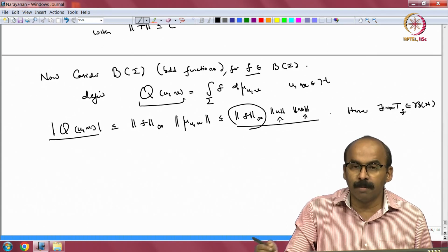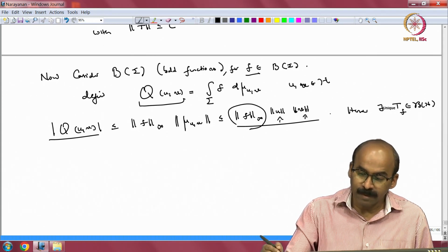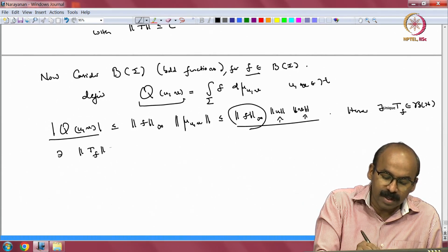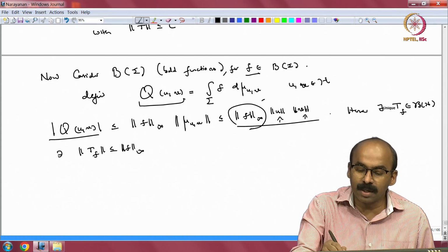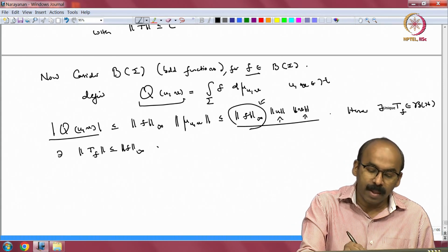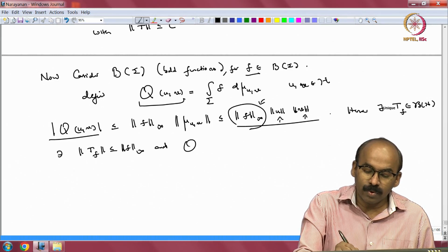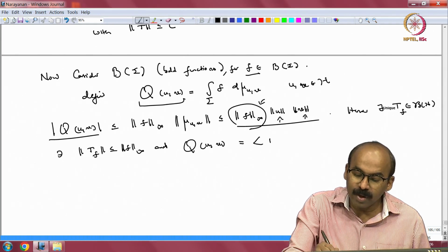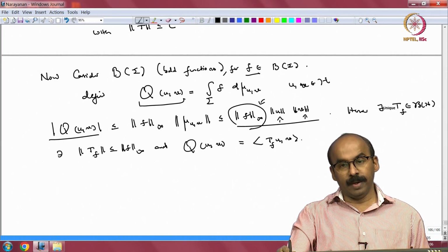So, it is a bounded operator on the Hilbert space H such that the norm of T f is less than or equal to the L infinity norm of f, right, because that is the constant coming here. And this Q, Q u v, that is my bounded sesquilinear form, that will have to be given by an inner product, T u v.